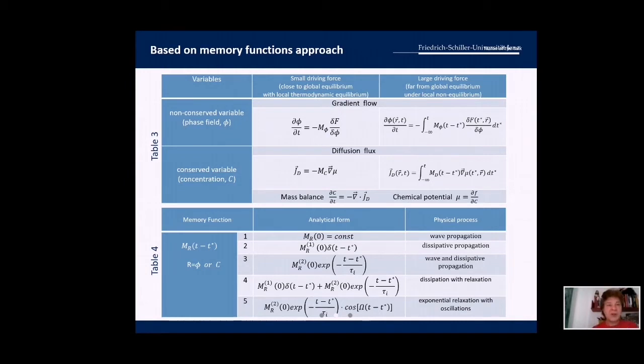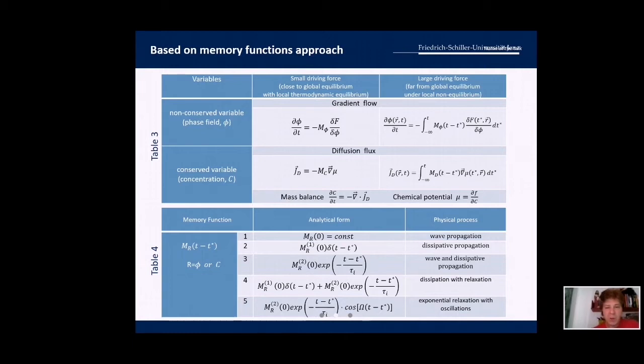And if the interface moves with velocity comparable with the speed of solute diffusion, then we are able to see non-equilibrium solute trapping. If we reach or overcome the characteristic speed for the solute diffusion, we can get complete solute trapping, and the structure will be completely disordered and metastable.